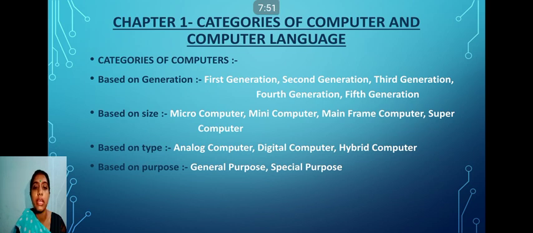Nowadays we are generally using which kind of computer? Microcomputers. Then next is the minicomputer. A minicomputer is a bit bigger in size compared to a microcomputer and a bit more expensive also.